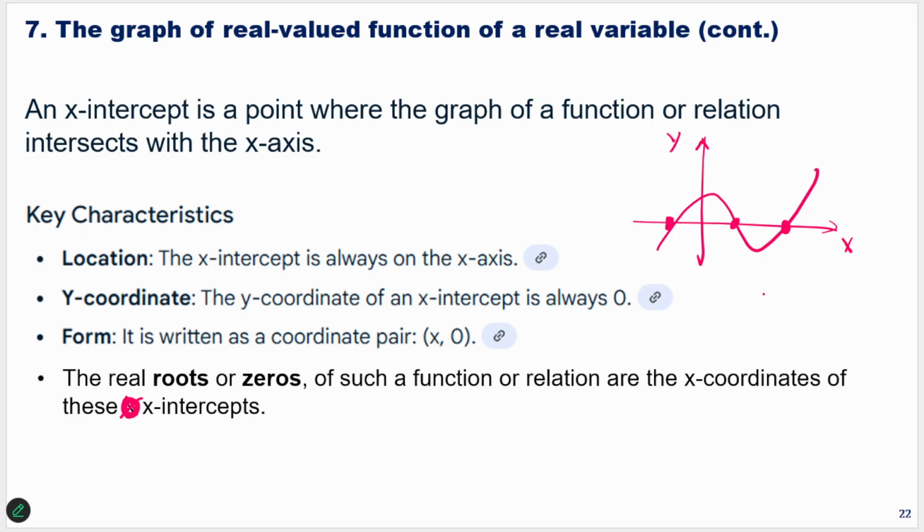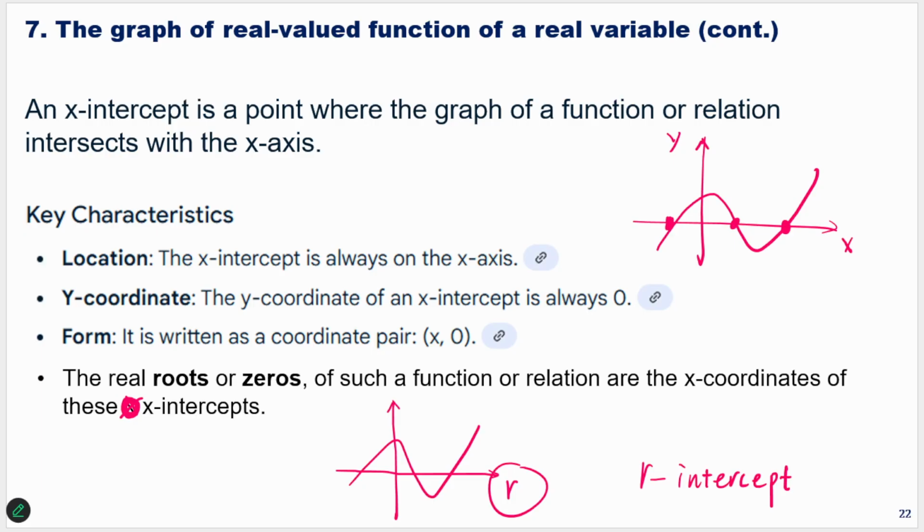And also note that if I change the name of the horizontal or vertical axis, for example, if you use letter R to denote the horizontal axis, then it's better not to use x-axis. So in this case, we call it R-intercept. You get it? Because the name of the independent variable becomes R here. So we say R-intercept, not x-intercept.